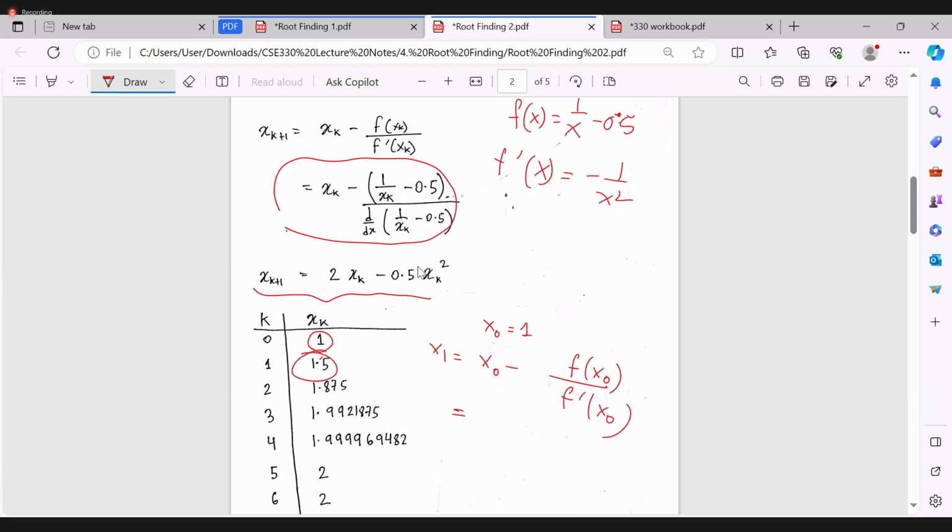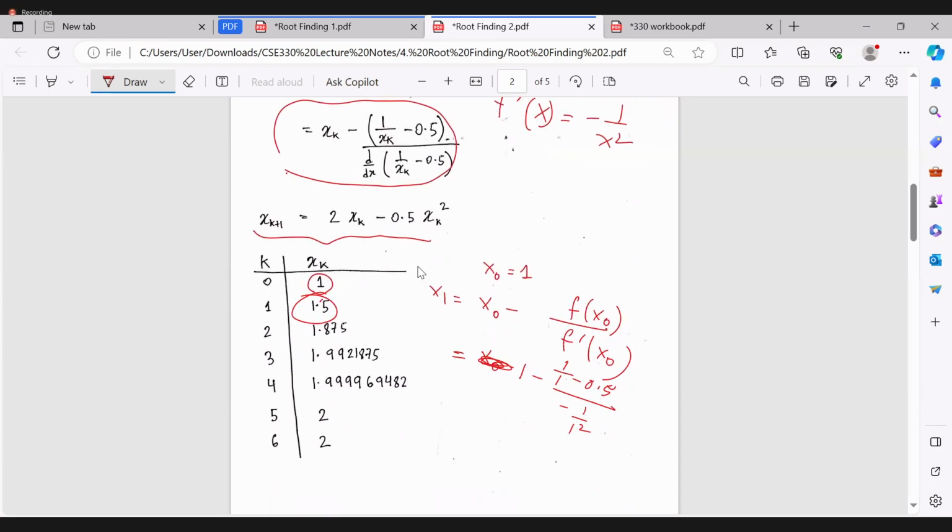Here, if I place x0, which is 1, minus, so you get 1.5. Then you find x2. Similarly, x2 is equal to x1 minus f(x1) divided by f prime x1, and you will move on. You get 1.875.